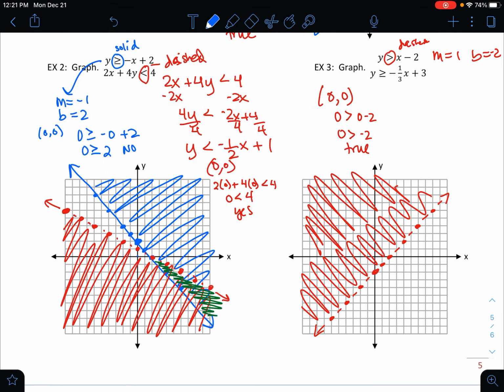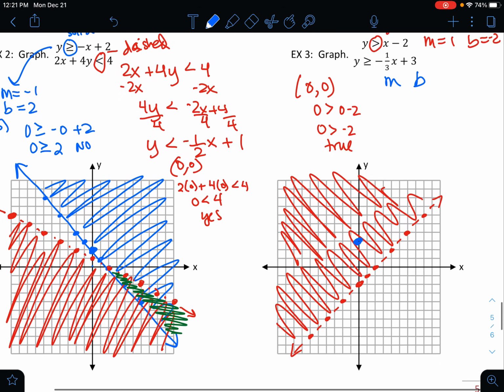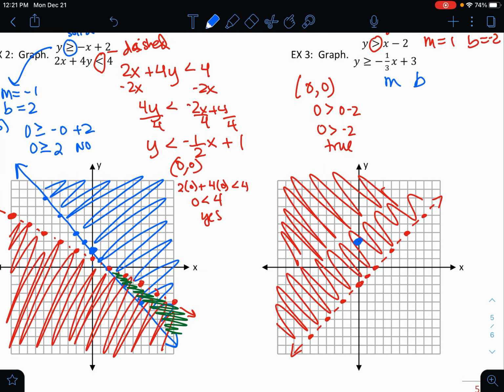All right, let's do the second line. I've got my M and B. So 1, 2, 3, and it's a slope of -1/3. Down 1 over 3. Down 1, 1, 2, 3. So I'm going to go up 1, 2, 3. Okay. Come back.